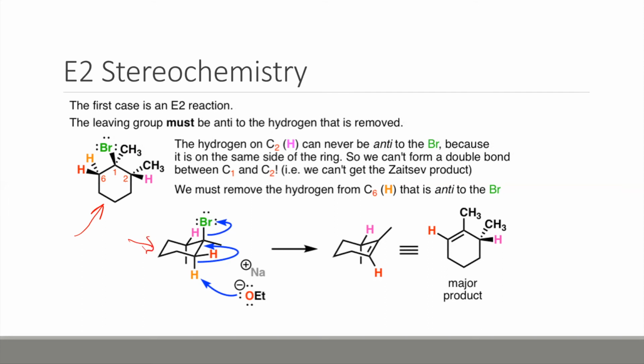Here you can see that only the orange hydrogen, when looking at the hydrogens available, is 180 degrees and anti to this bromine. And so only this hydrogen can be removed to make the double bond.